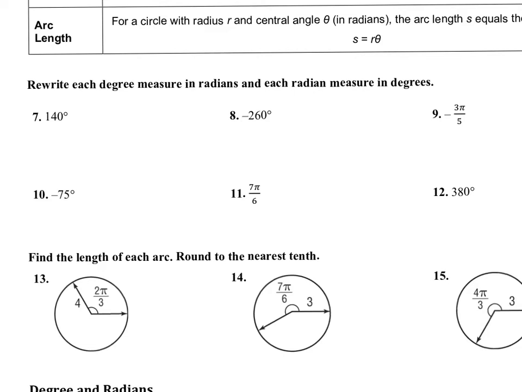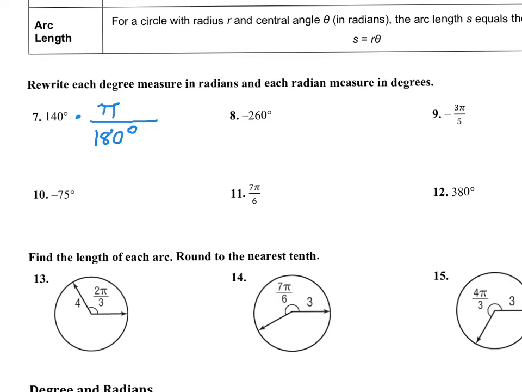Number 7 is in degrees. We want to turn that into radians. So we're going to multiply. And we're already in degrees, so we want degrees to cancel out. So we have to put degrees on the bottom and what it's equal to on top.